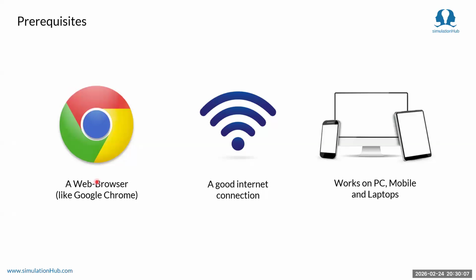What you need is a web browser. It's a cloud application and a web application, so you don't need any installation. Go visit the website, log in, and you end up in the dashboard, and you start the simulation. You need an internet connection, and it works on laptops as well as desktop machines.